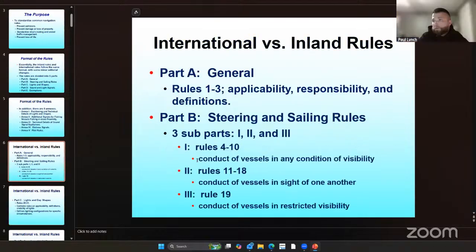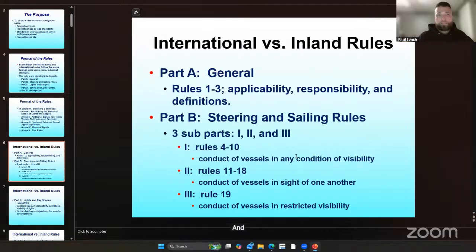I'm just reading this quick. So, vessels are in sight of one another when one can visually be seen from another. So, meaning, if I'm walking over the Salem Beverly Bridge and I'm watching vessels head outbound to go to Misery Island, they are in sight because I can see them.